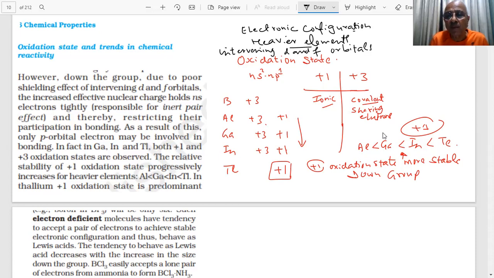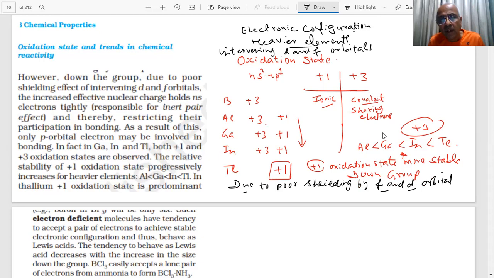And due to poor shielding by f and d orbital electrons, what will happen? The effective nuclear charge, Z effective, will increase.